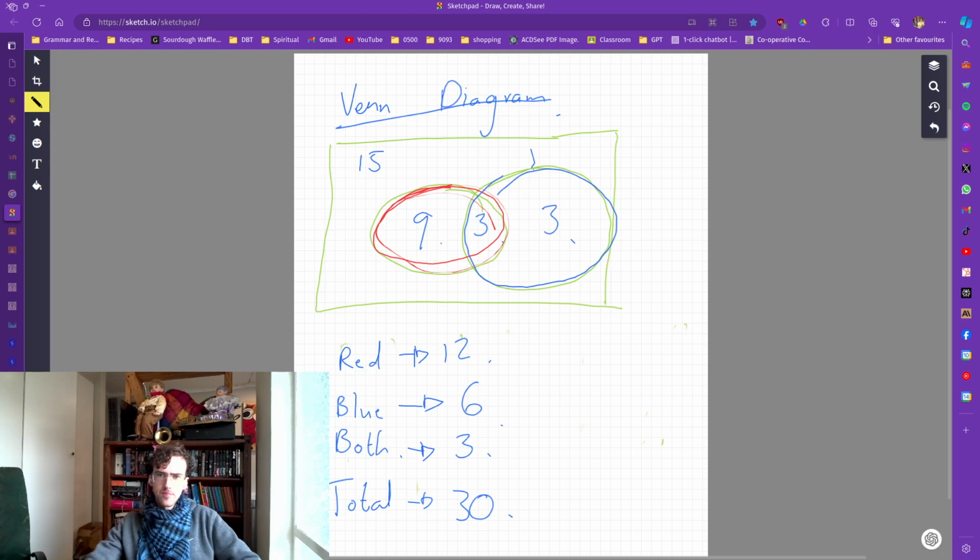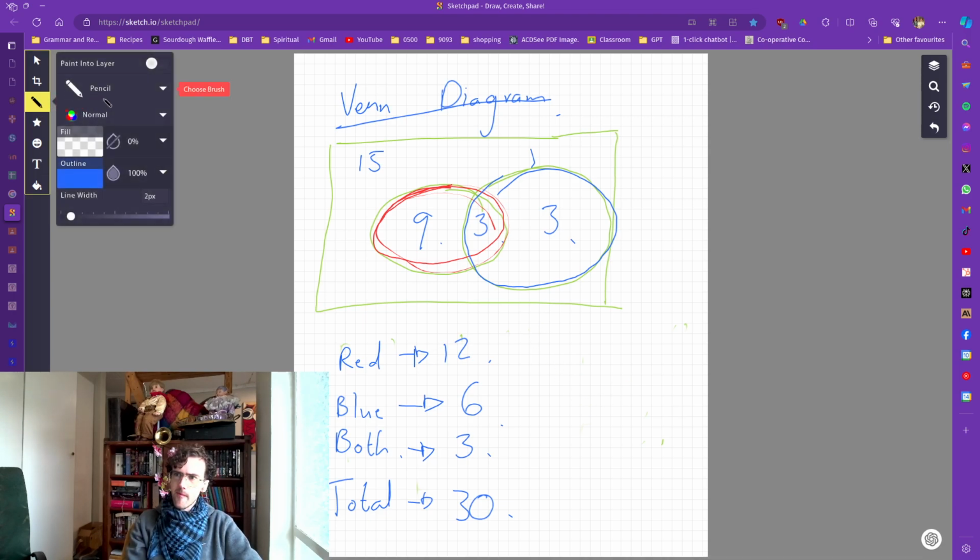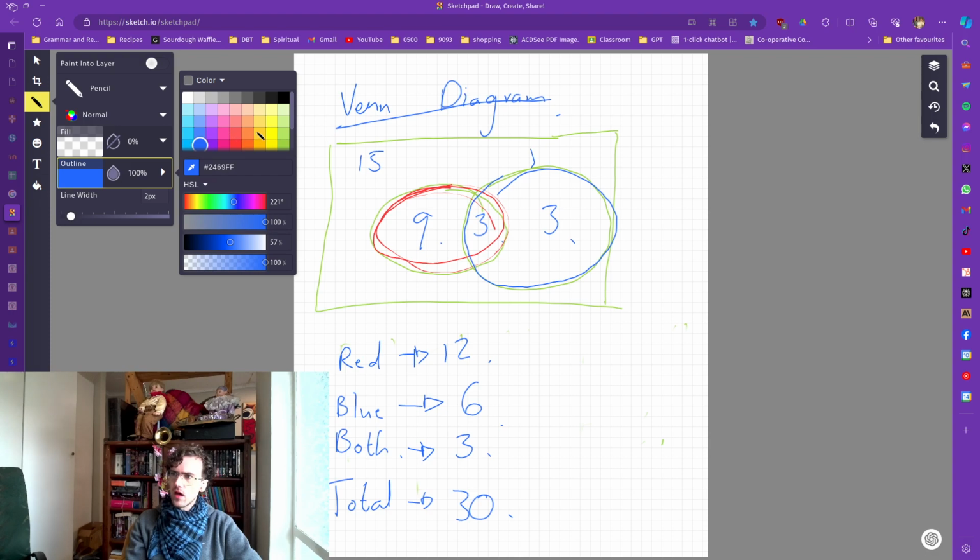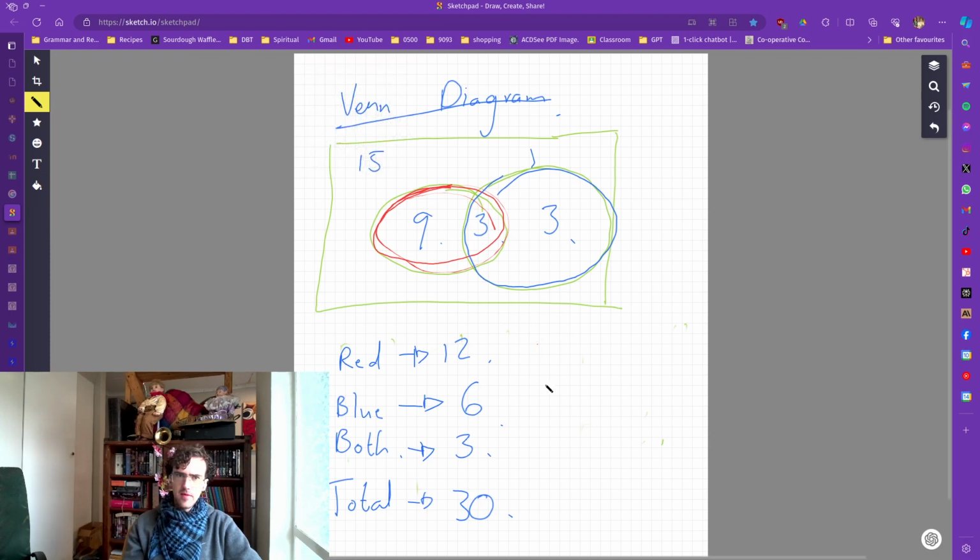So let's look at our different notation here. Let's use orange. So the number of elements: an element is how many different things are there? So how many different elements are in this thing? There are 30, right?